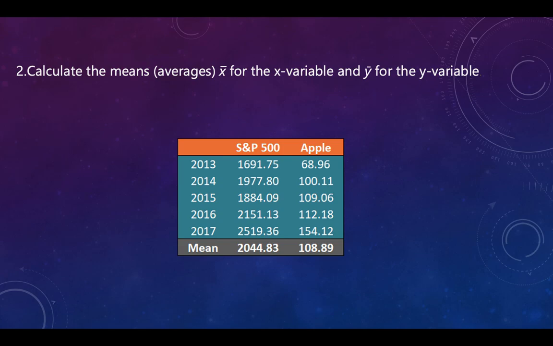Similarly I did it for Apple. Apple has 68.96, 100, 109.06, 102.18, 154.12, and I added all of them, then divided by 5. So I got the result as 108.89 as the mean.